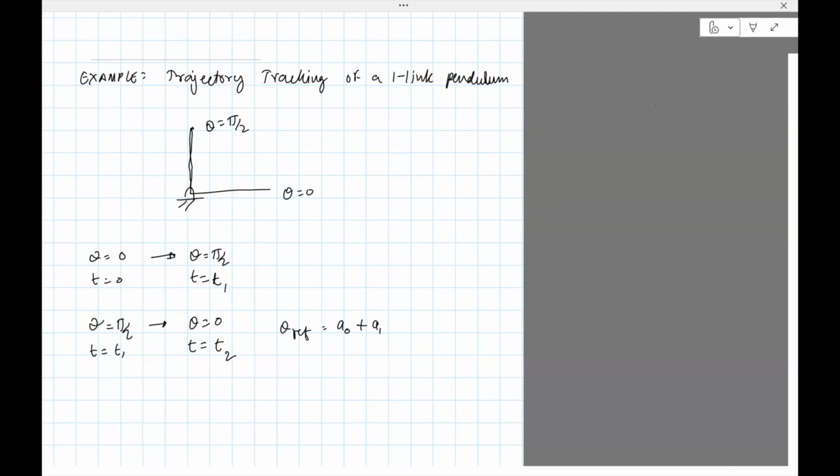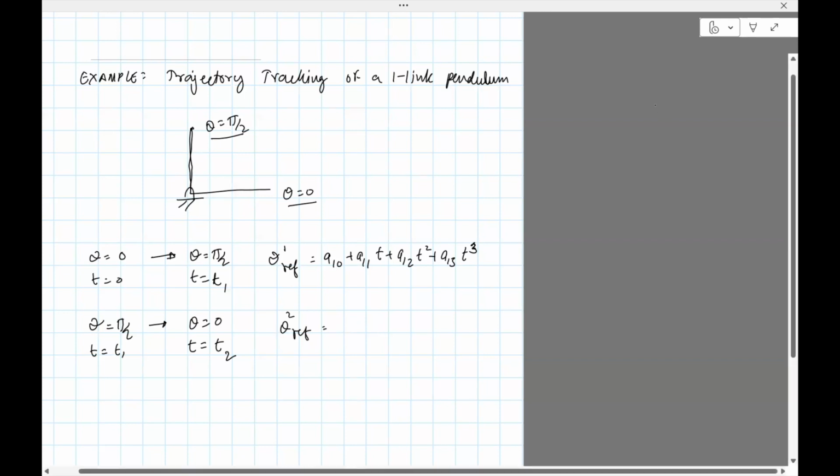So theta ref, for that one, a10 plus a11t plus a12t squared plus a13t cubed. So you can solve for those 4 constants by imposing the conditions that you know what theta is at those 2 endpoints, but you also want it to start and end with 0 speed. So 4 constants, 4 conditions, you can solve for that.